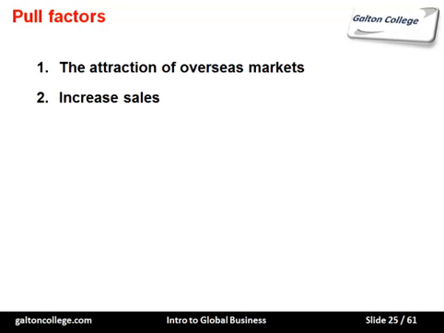So there should be increased sales as a consequence of this. Expanding into another market, there's increased sales. The company experiences more sales, which is really what the company is about, making sales and generating profits.